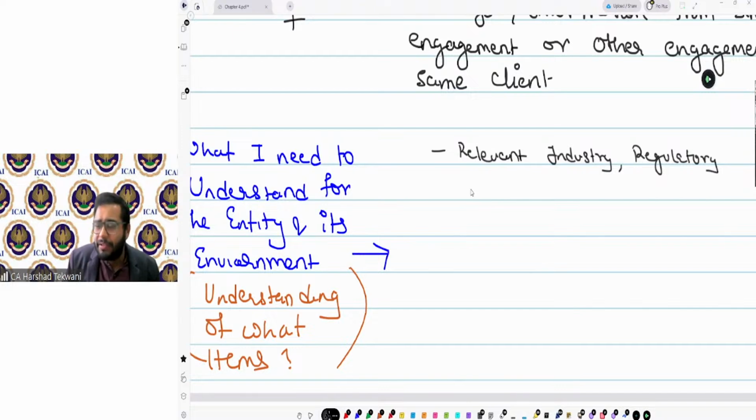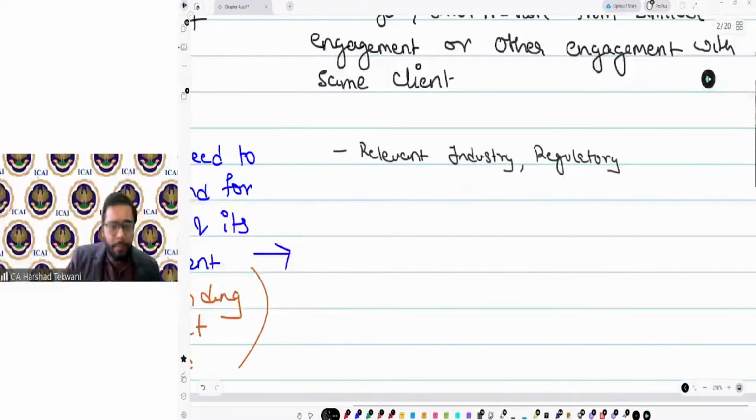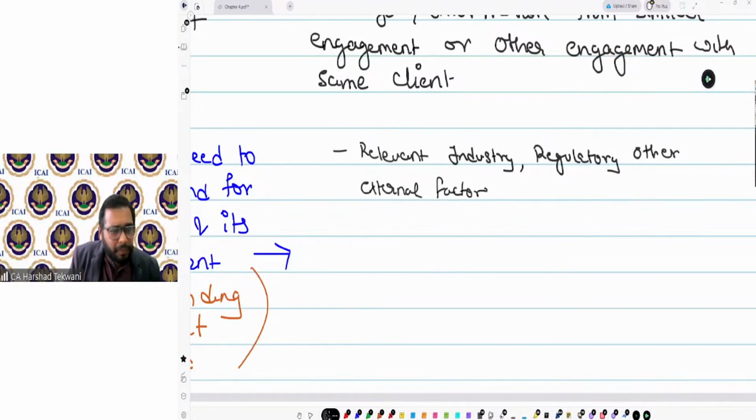Other external factors that impact the financial reporting framework.